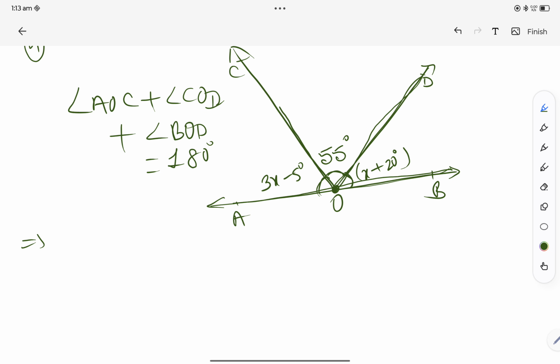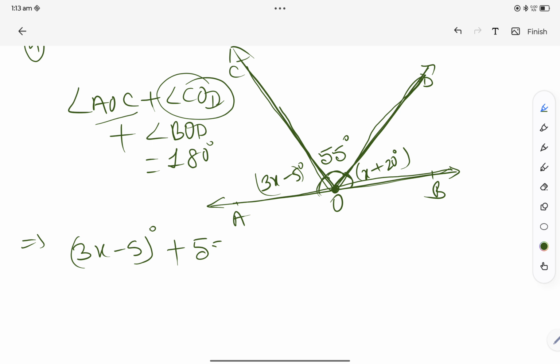Now the value of AOC is 3x minus 5 degrees. And this angle COD is equal to 55 degrees. And this angle is x plus 20 degrees.